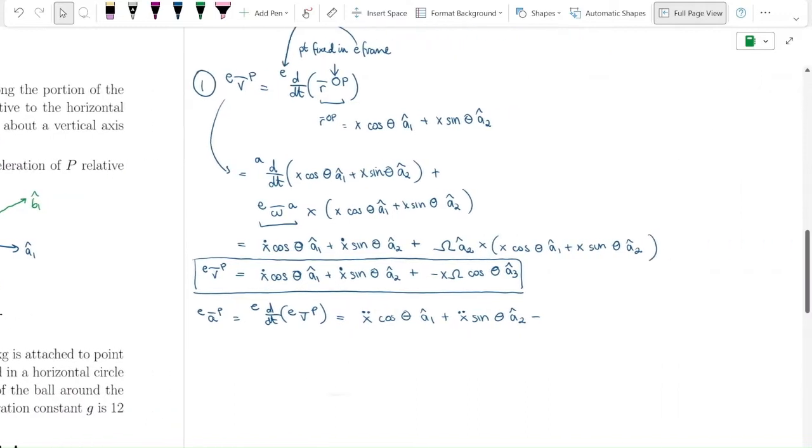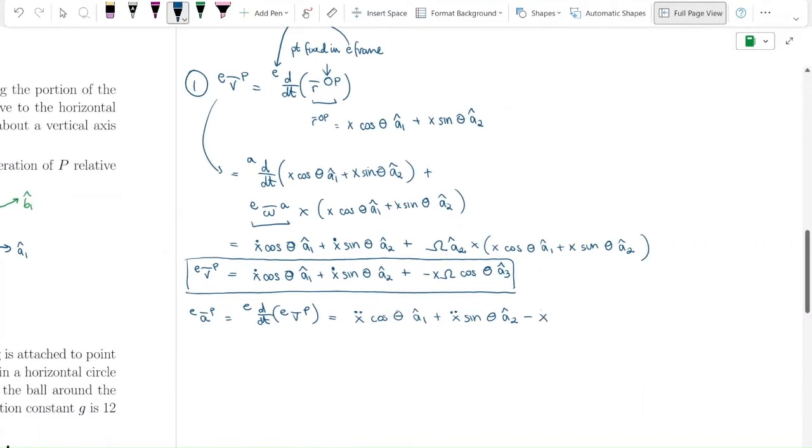And so we just have minus x dot omega cosine theta a3 hat. That is the time derivative of the velocity with respect to the frame it's written in, the A-frame. Then we add the angular velocity of A and E crossed with the original vector.